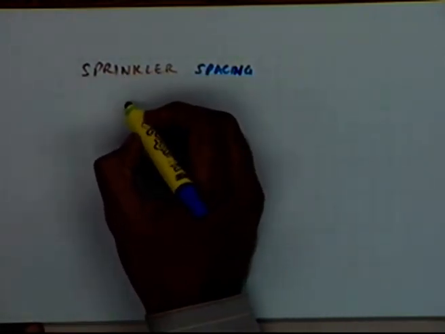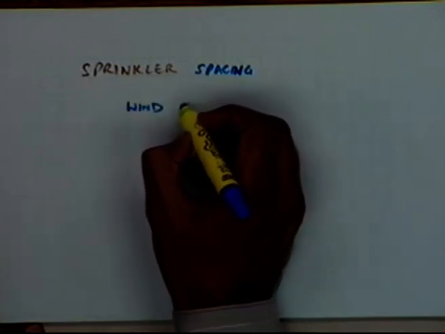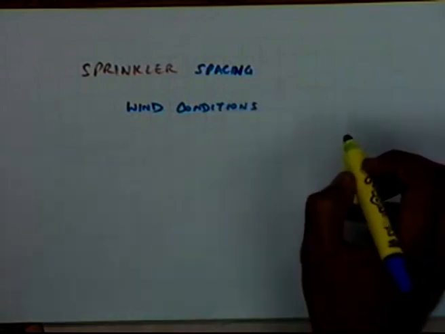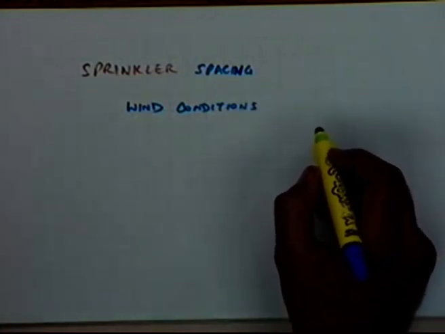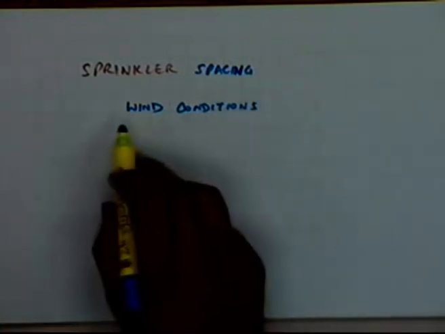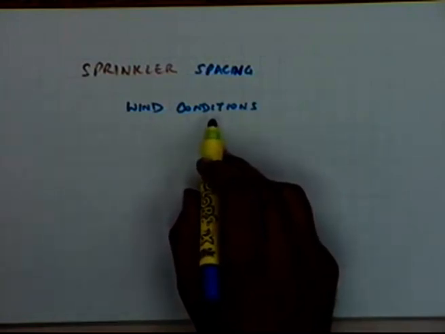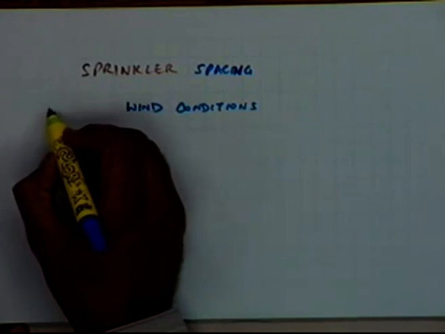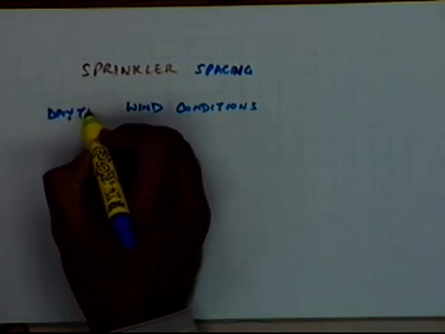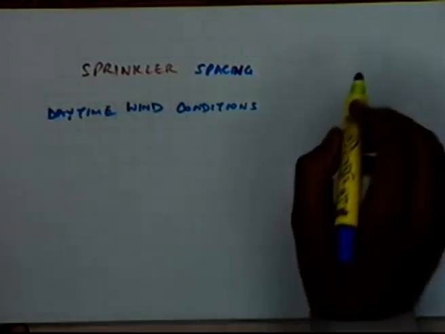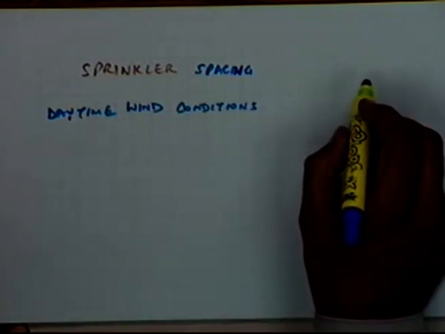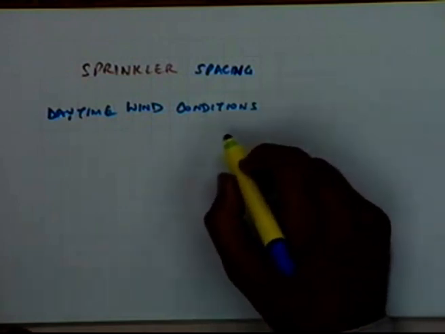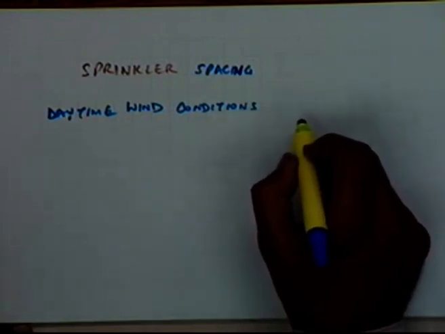So when you are talking in terms of sprinkler spacing, you have to first decide what wind conditions you must account for. If you take the wind conditions of the daytime, invariably the daytime wind conditions will be more severe than the nighttime wind conditions.